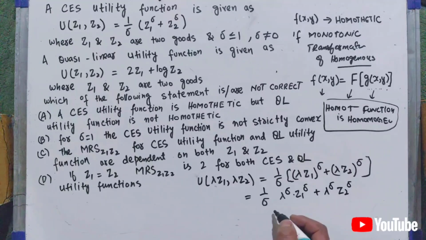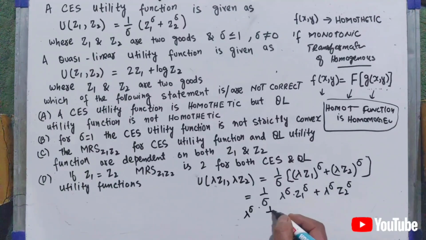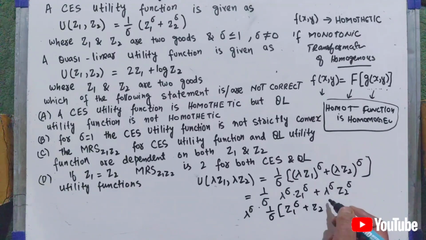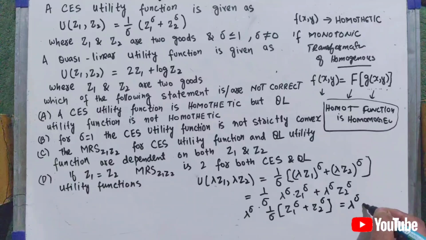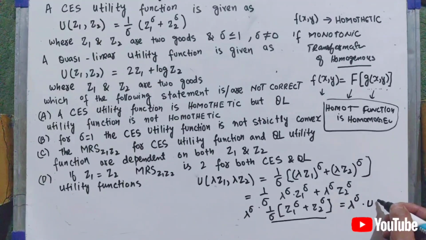We can factor out lambda raised to the power delta, so we get lambda raised to the power delta times 1 upon delta, then z1 to the delta plus z2 to the delta, which is equal to lambda raised to the power delta times the given utility function u of z1, z2, because this function is again the given utility function.